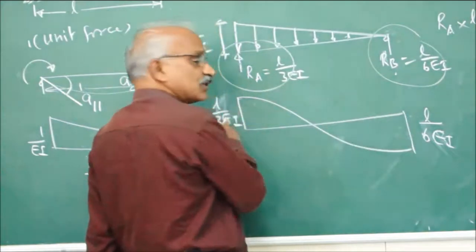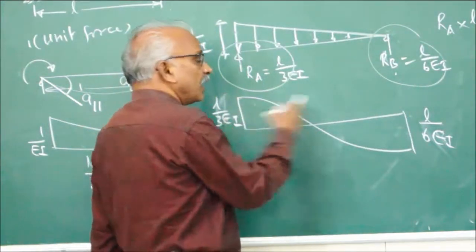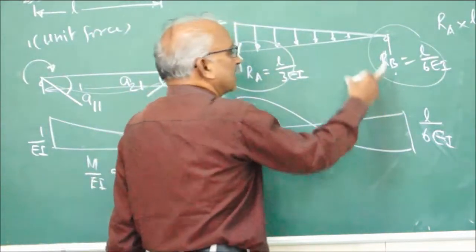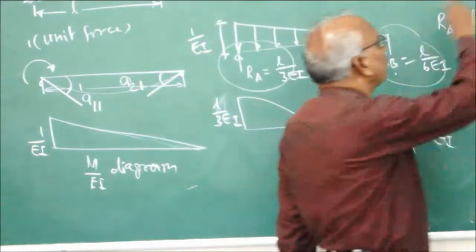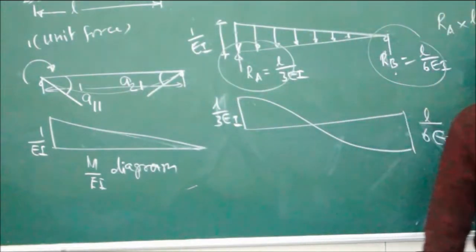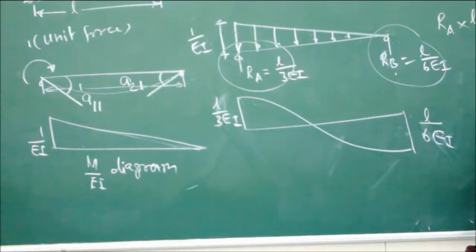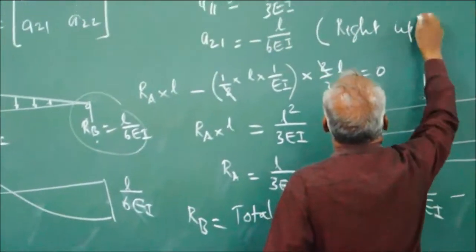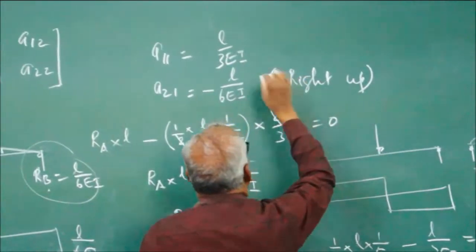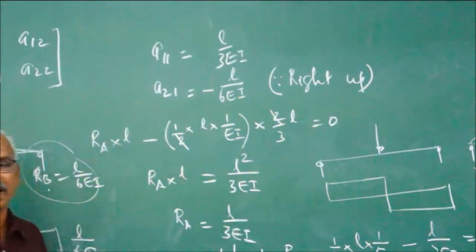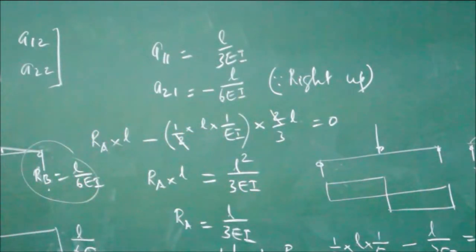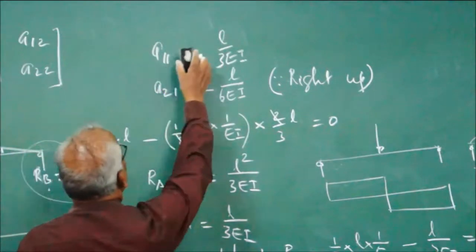Left up is no problem. Right up, the shear force here is right up. Therefore, this is negative. Right up is negative. So that is about the first column of the flexibility matrix.